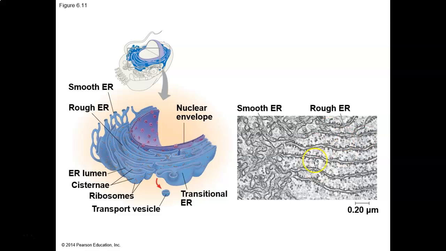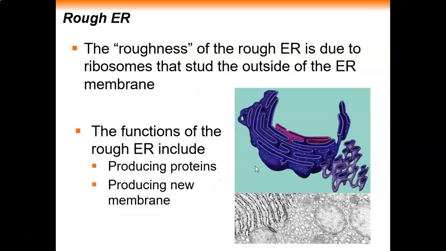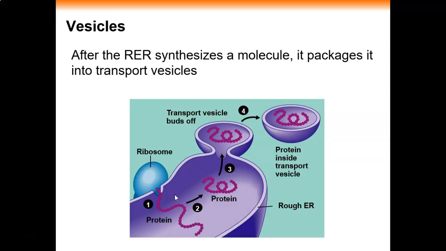And you can see that this is rough because it literally looks like it's speckled with all these dots, whereas the smooth ER does not contain ribosomes. Now we know ribosomes are the site of protein synthesis, so the function of the rough ER is going to be largely producing those proteins, but also making some membranes, so those phospholipids.